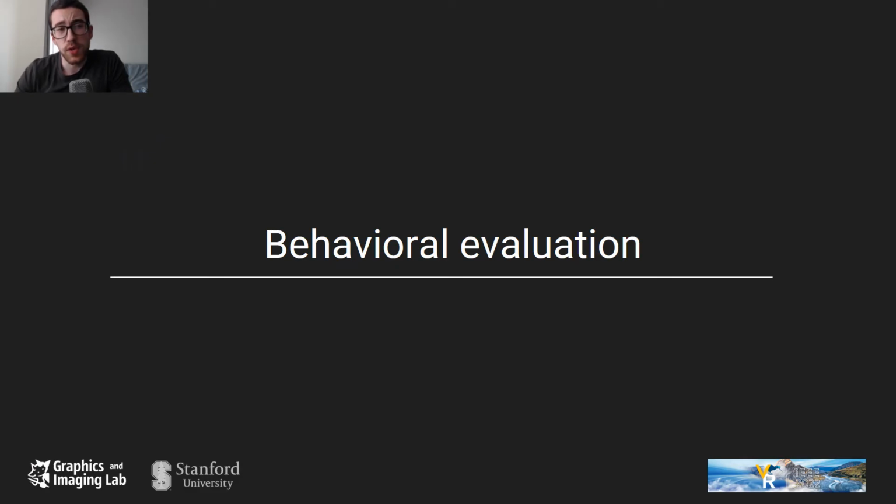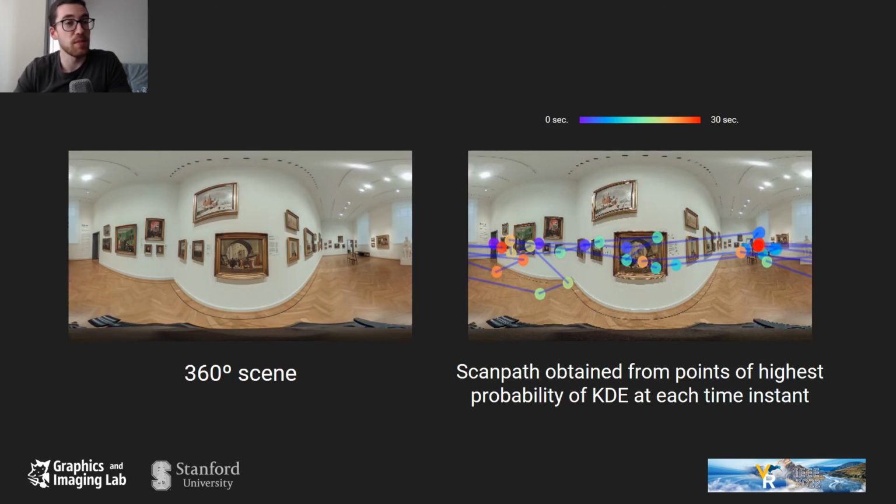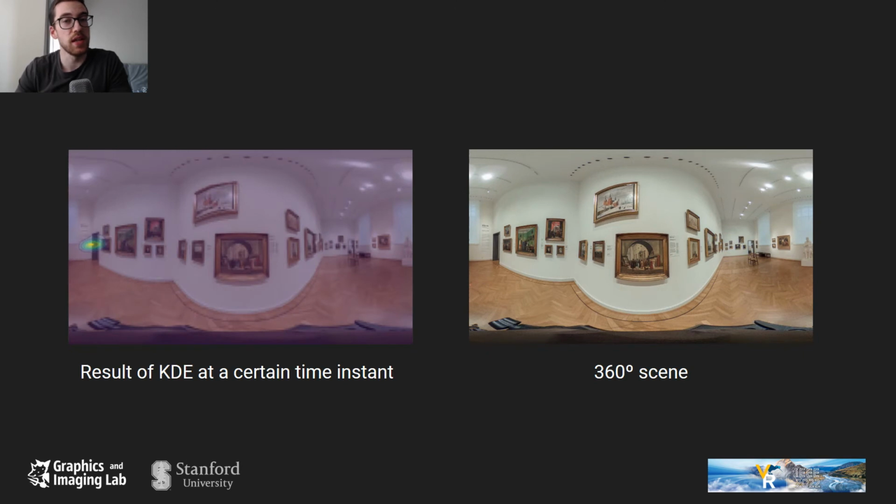We have also evaluated the ability of our Scanpaths to mimic the behavior of the human ones. We have analyzed the temporal and spatial coherence of our Scanpaths, resorting to kernel density estimation. For a given scene, we have obtained a Scanpath from the points of highest probability of the KDE at each time instant. This KDE yields a probabilistic map indicating what regions are more likely to be visited at each time step.